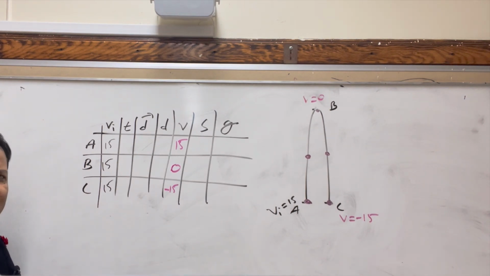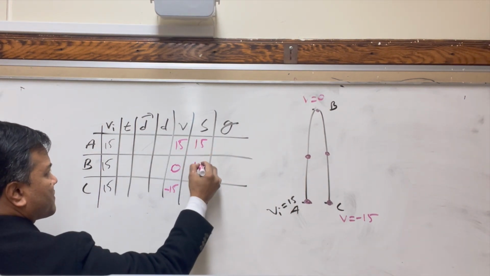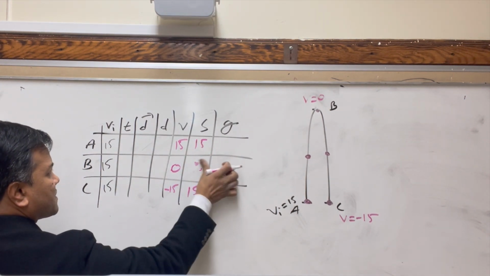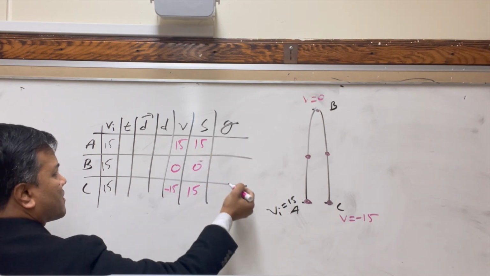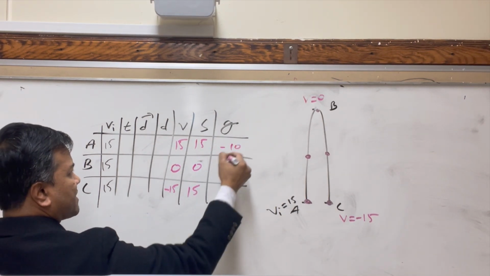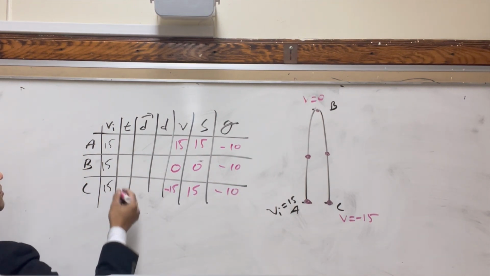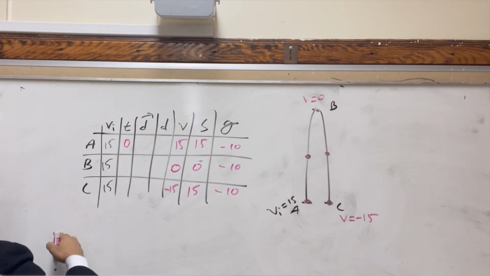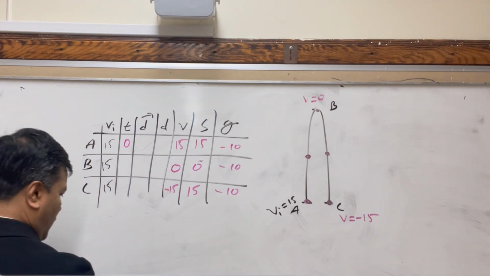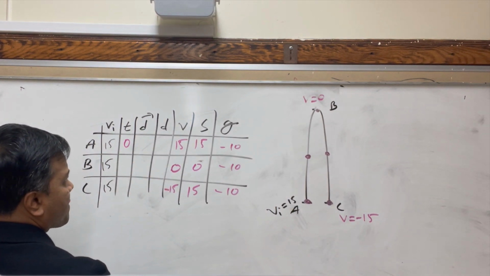Acceleration is negative 10, negative 10, negative 10. And this one has velocity 0, time 0.